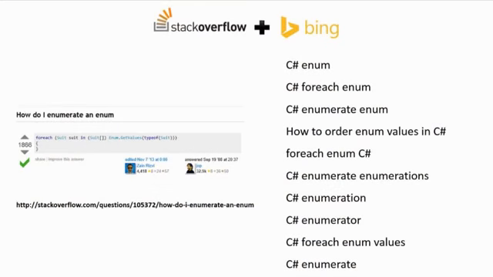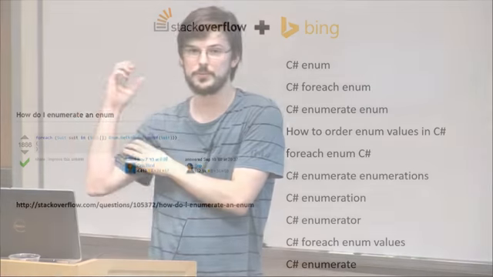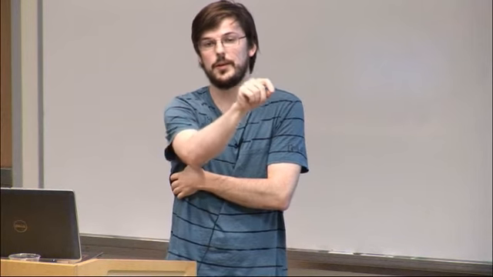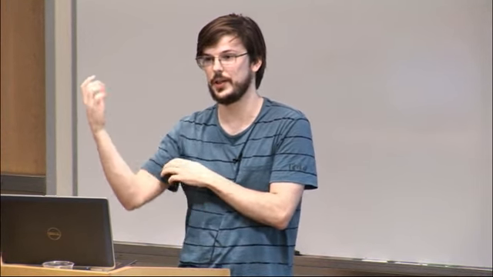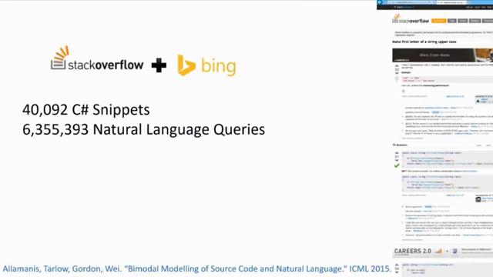And then, being at Microsoft, we went to Bing and found search engine queries where people clicked on a page that was one of the Stack Overflow questions with the answers. In this way, we were able to associate search queries in natural language with code snippets. So we have this data set with many more natural language queries, but the same number of snippets.